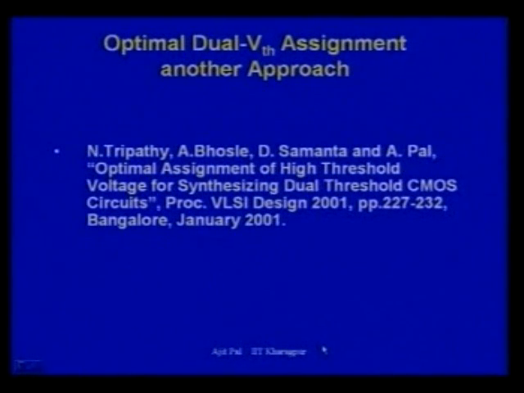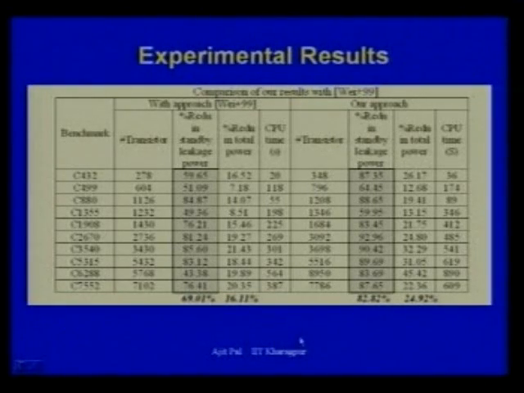Some of my students did some work in this area, and they got significant reduction in leakage power compared to earlier approaches which I have shown you earlier. So instead of 69% reduction, my students got 82.82% reduction in leakage power by assigning high threshold voltage to the gates on the non-critical path.